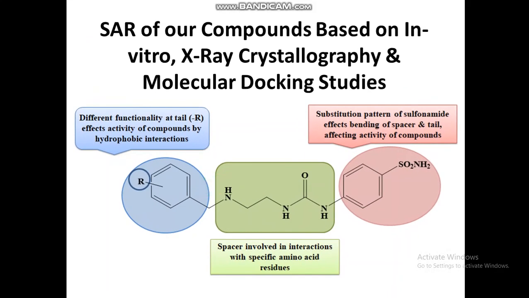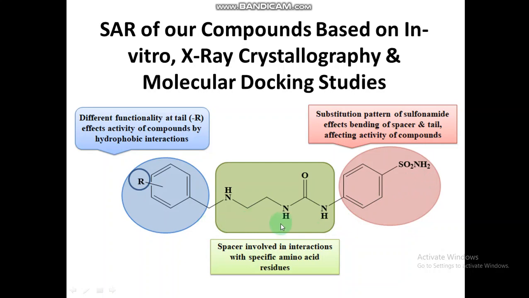If we look at the structure activity relationship of our compounds based on in vitro analysis, X-ray crystallography and molecular docking studies, then we can observe that this is our head, which is the zinc binding group, and due to this it will bind with the zinc inside the active site.